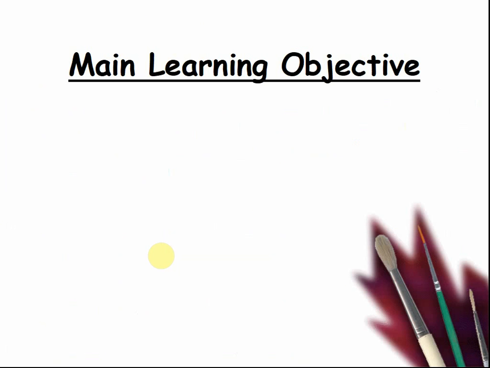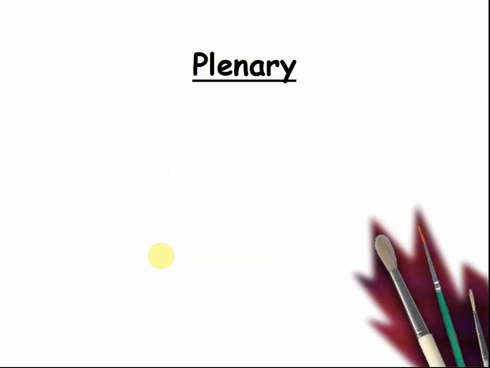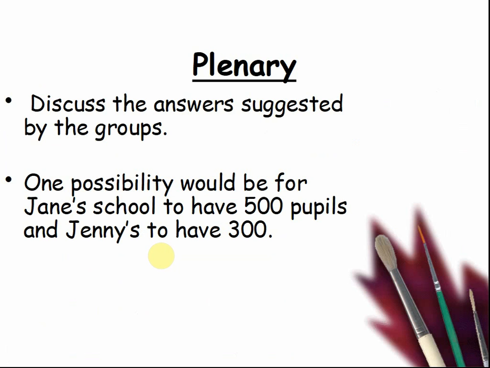Main learning objective: finding and comparing percentages of different quantities. Plenary: discuss the answers suggested by the groups. One possibility would be Jane's school has 500 pupils and Jenny's has 300.